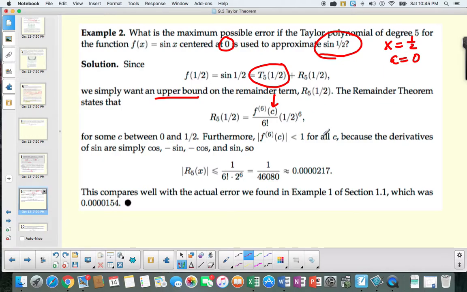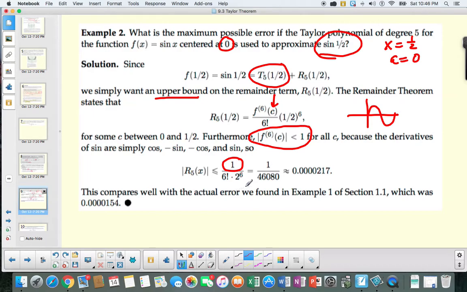Now we can decide right now for an upper bound, especially with sine. Remember that sine, its largest value is 1.